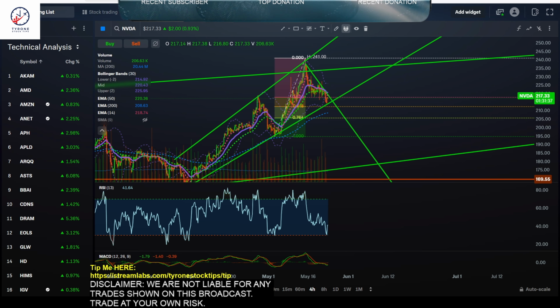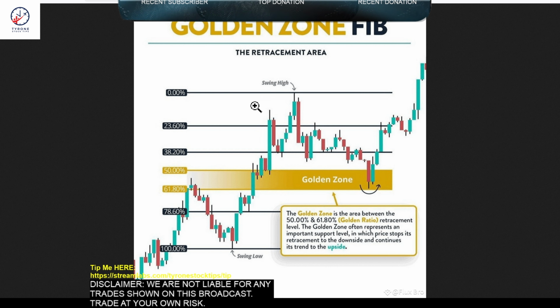I'm gonna use an image. So this is really a psychological zone, right? People use this to determine how far back a retracement is before you decide, okay, this stock is really trending downwards, not upwards anymore. Or you could use this in reverse.